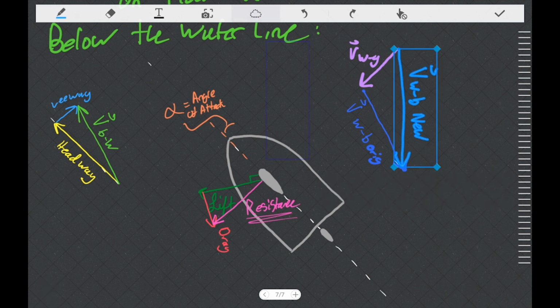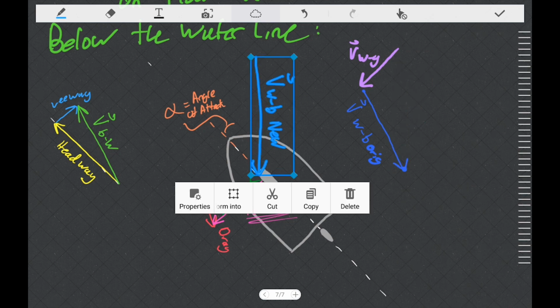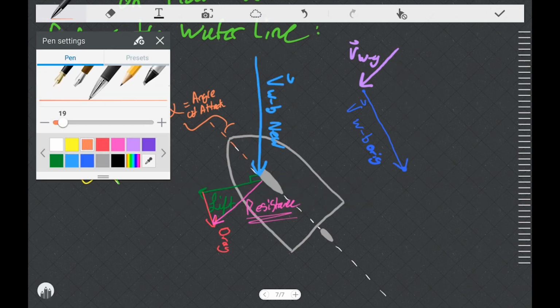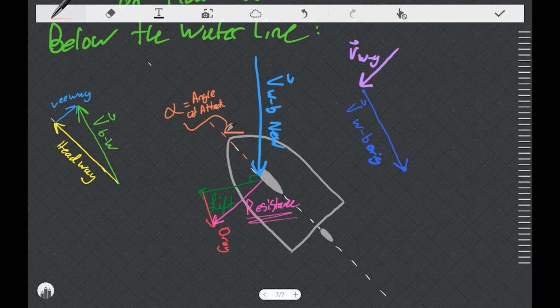Bringing the new light blue VWB vector back into the foils, what we can observe is that the angle of attack that the new vector makes with the chord line of the foils is dramatically increased.